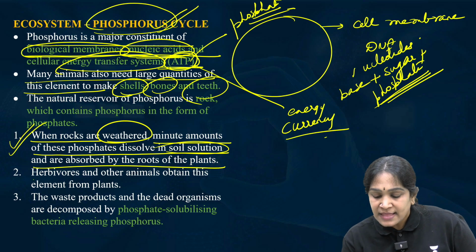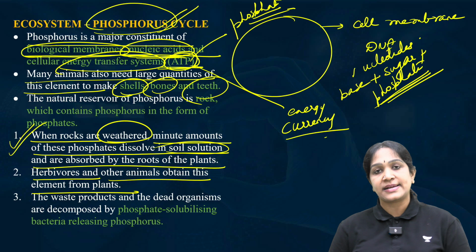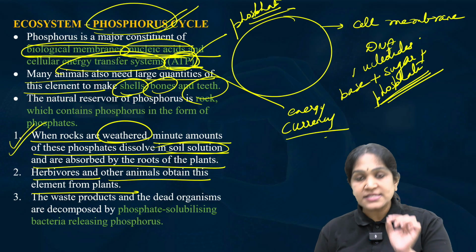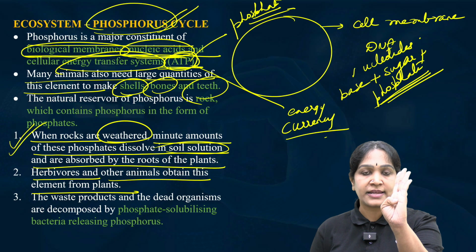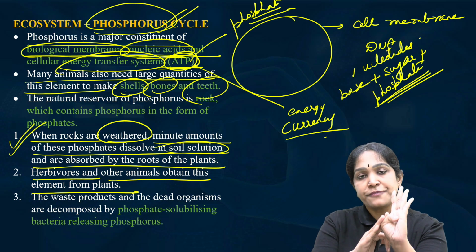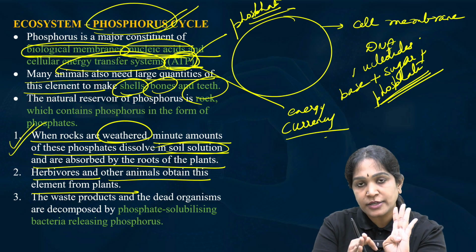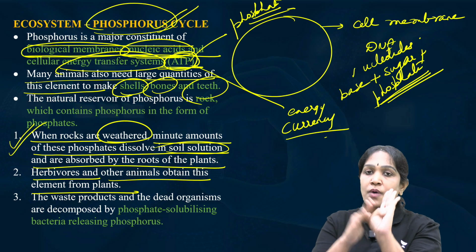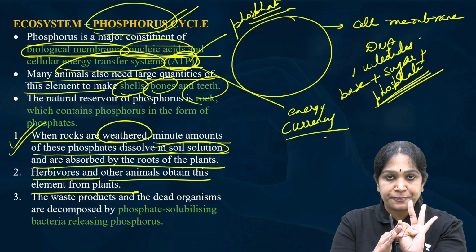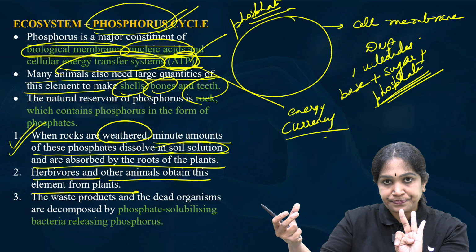Second step, the herbivores and other animals obtain this element from the plants. Okay, see, first step is a rock undergoing weathering. It will become soil. Then the phosphorus from this rock or the soil will enter into the soil solution, that is water. Second step, the plant will absorb this water through roots.